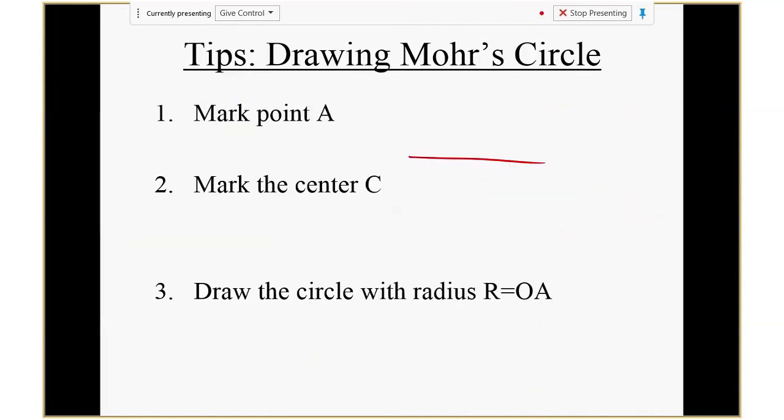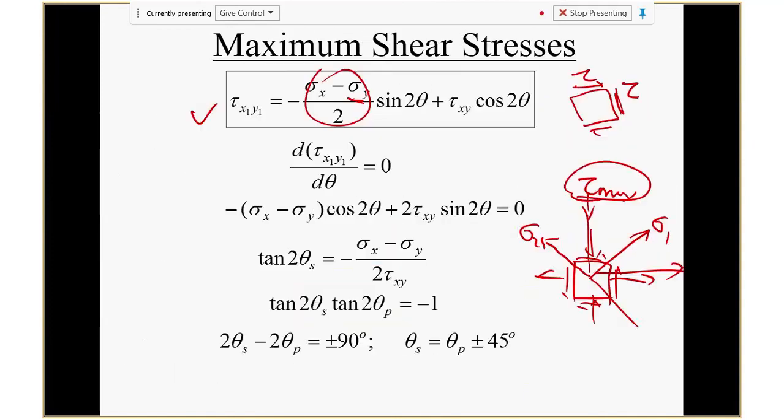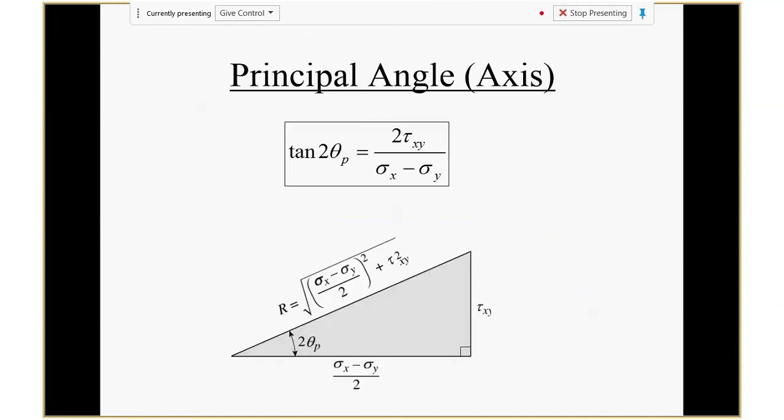Here, we have the equations for theta p. Do the calculation and see if it gives you the same value. It should. Otherwise, something is wrong there.